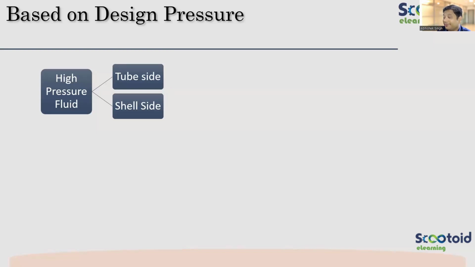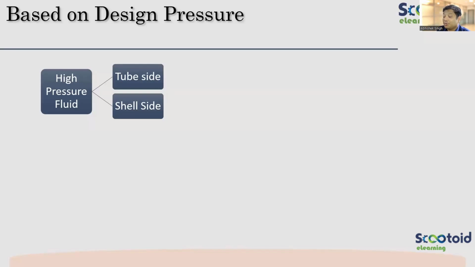In fixed, it will become a problem. You need to have an expansion bellow, which is the cause of failure most of the times. By providing expansion you can use fixed type, but if the difference is very high, U-tube you can also use because U-tube will take care of the thermal expansion.